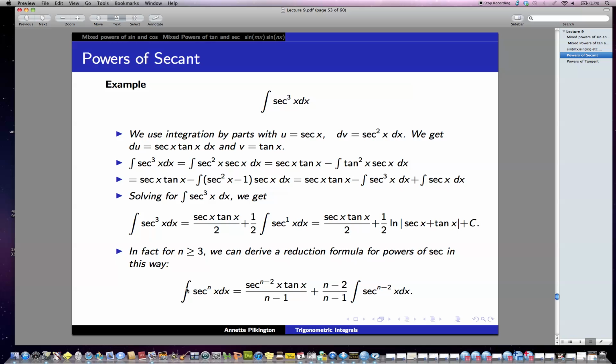In essence, we can convert the problem of integrating secant to the n to the problem of integrating secant to the n minus 2. Then in turn we can convert that to integrating secant to the n minus 4, and keep going until we get to secant to the 1, which we can integrate as above.